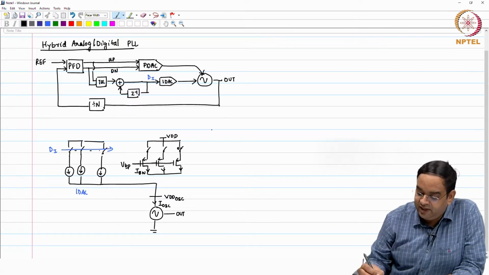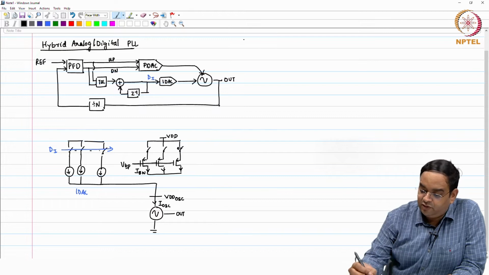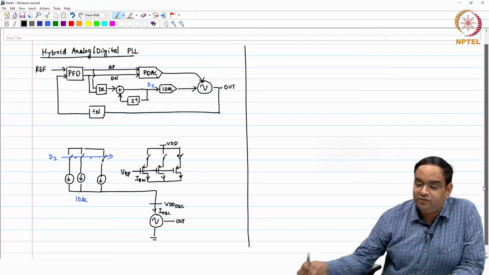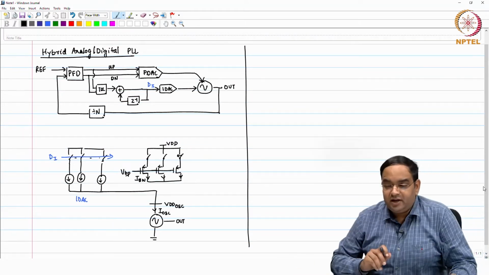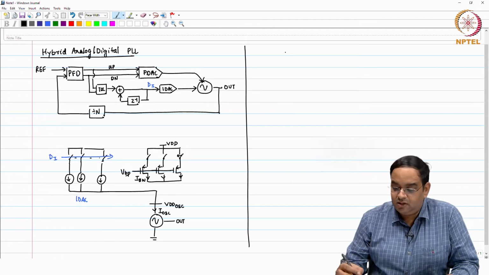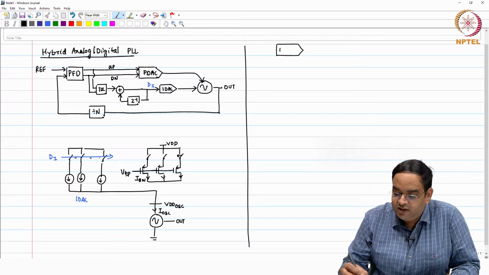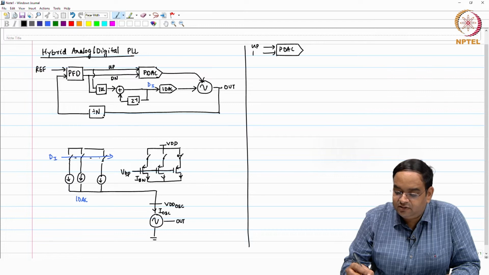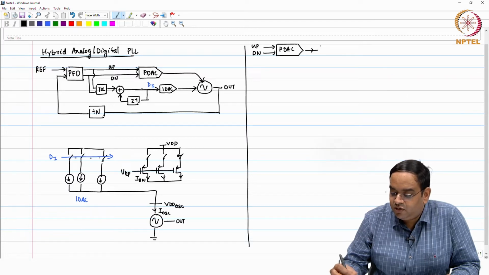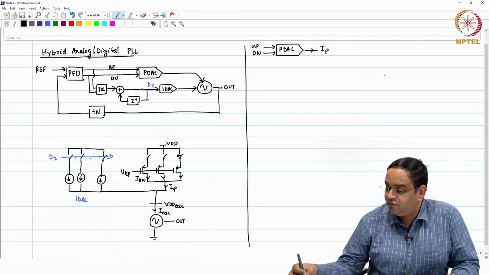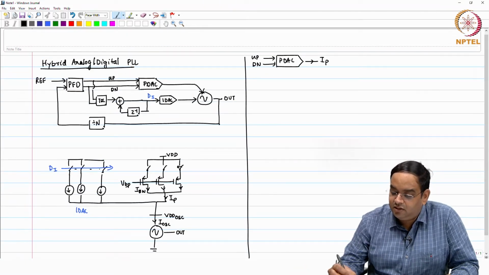Let me first write here what we want to achieve with respect to your up and down signals. The current is not actually 0 or a large value. So, you have this PDAC, and the output of the PDAC is like this. You have these up and down signals coming in. If I call the total current output IP, the IP current has the following format.